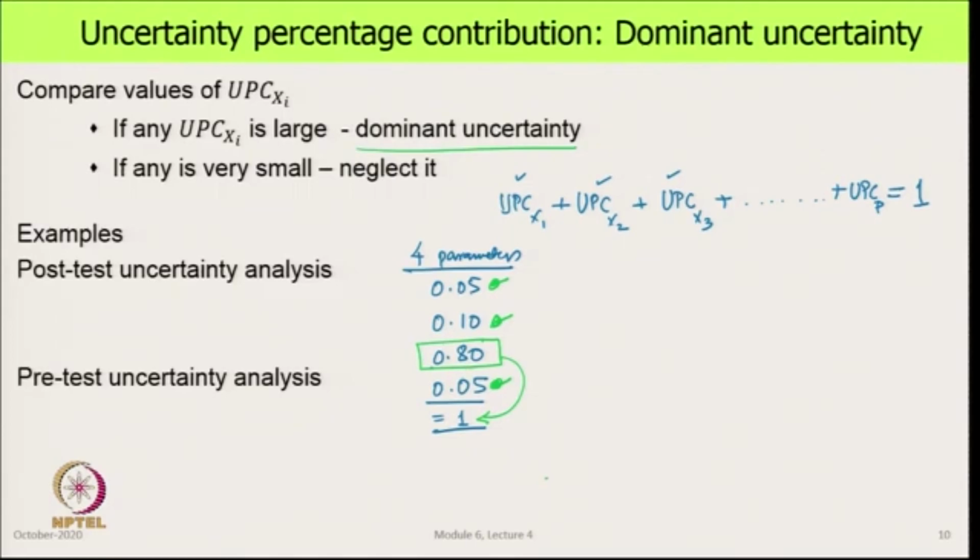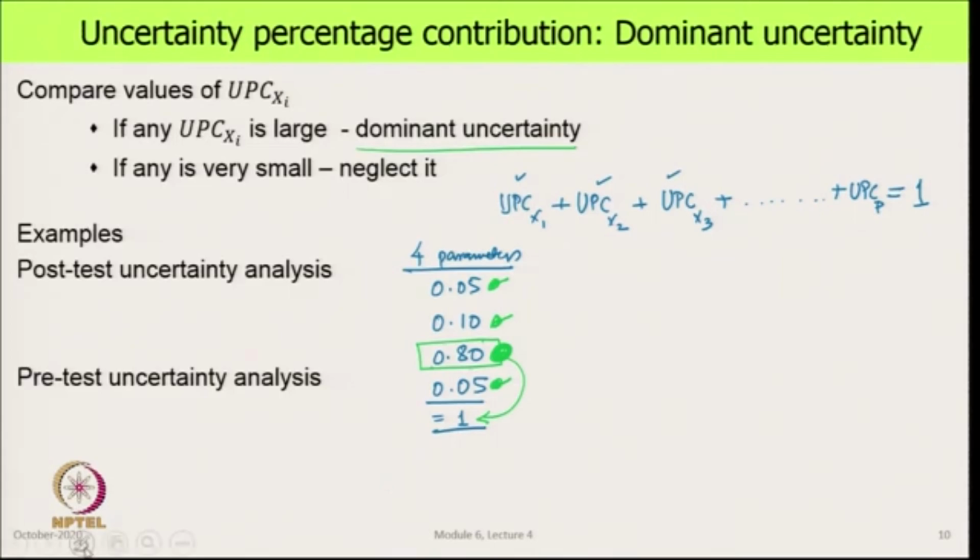They will be very, very small, they may be insignificant. So, what these numbers tell us is, if you want to reduce the uncertainty in individual measurements, focus on this one, the dominant uncertainty. If you reduce this by half, your total uncertainty will come down substantially. Reducing this by half will have very little effect.